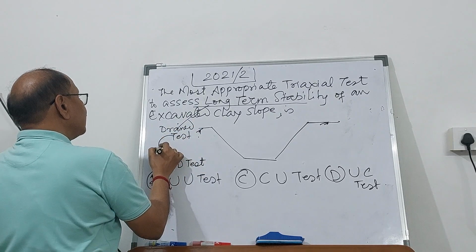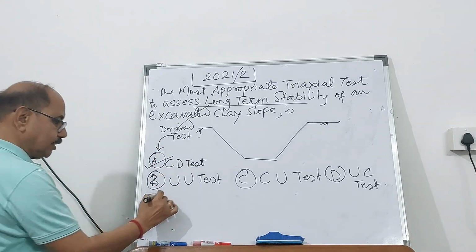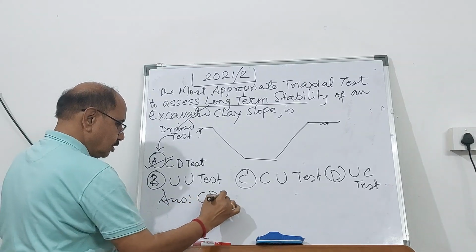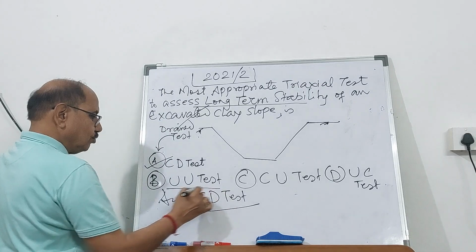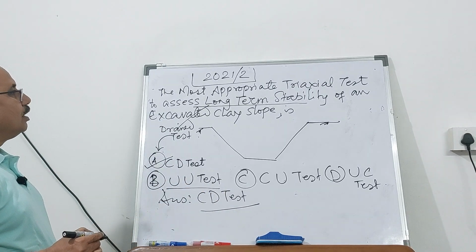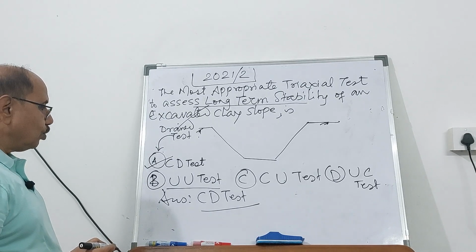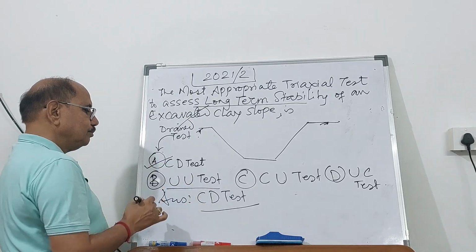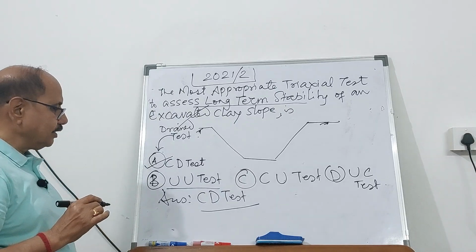Therefore, naturally, your answer is going to be CD test, the consolidated drained test. For long term, you can't do the UU test. If it is a clay slope, UU is for short term, and for long term always you should go for the drained test.